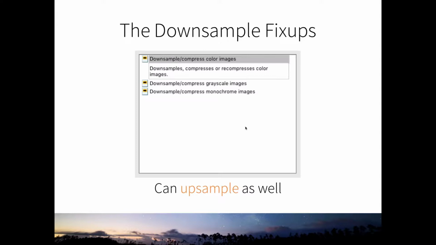It's called downsampling, but actually it's resampling, which means upsampling and downsampling are basically both versions of resampling. So if we use these fixups and we set the wanted resolution higher than the one it's currently at, then you can actually upsample your image.